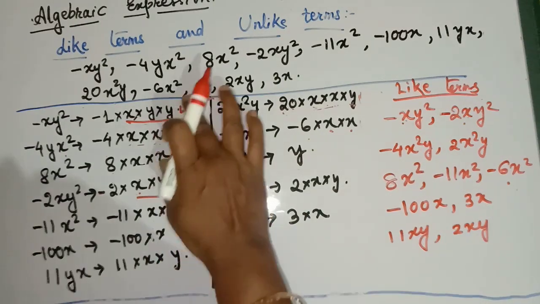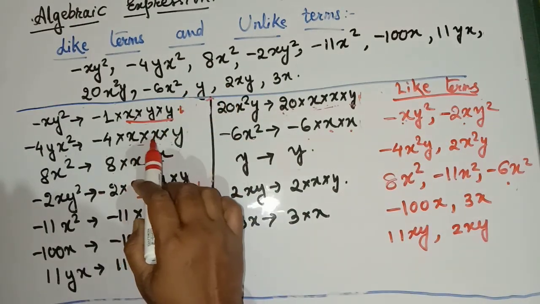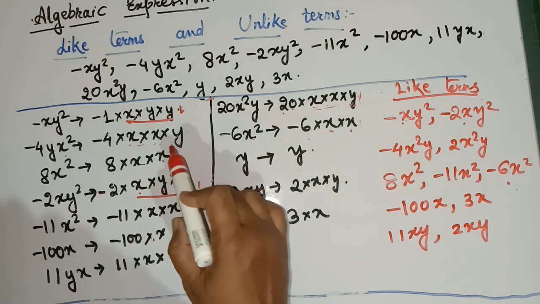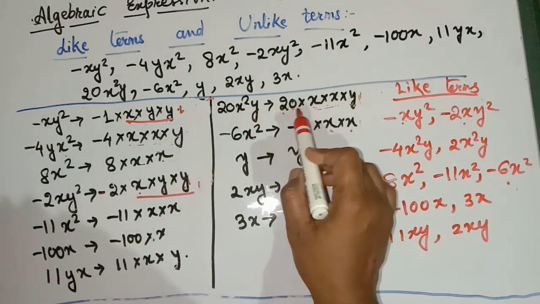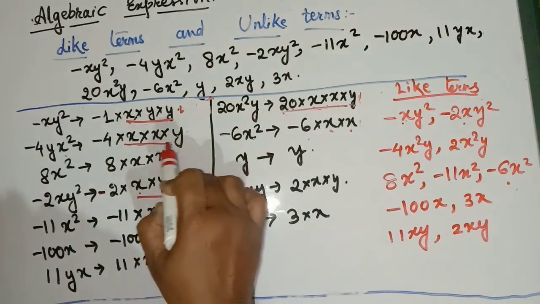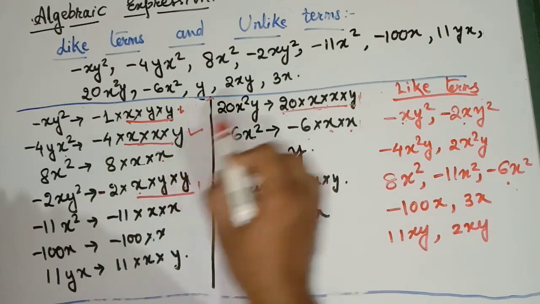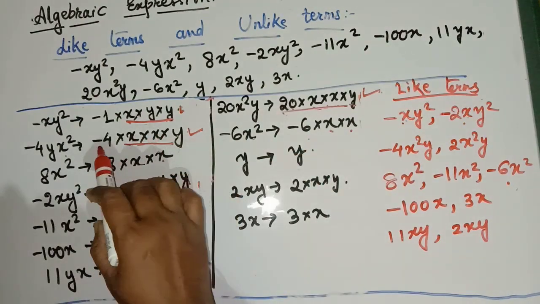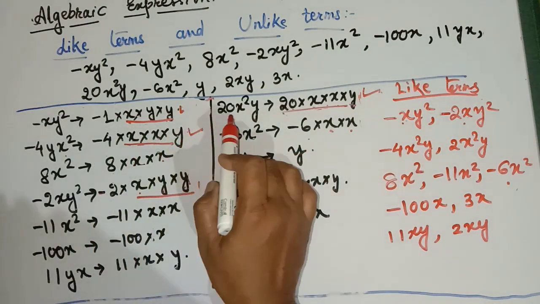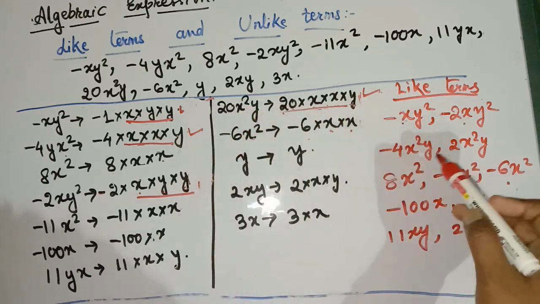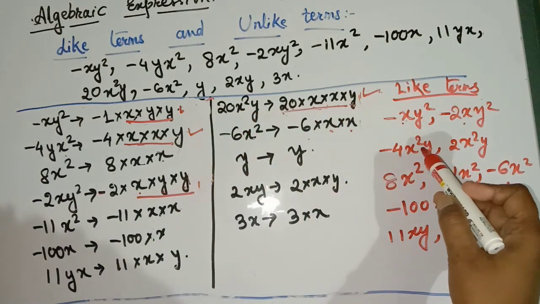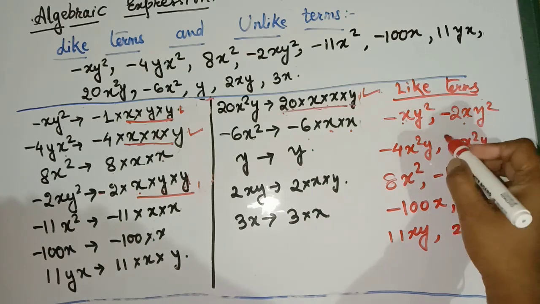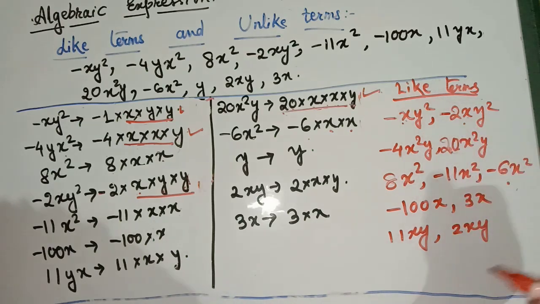Now for the second, it is x square y, x into y. You have to search where another x into y is there. Yes, these and these two are matching. So these terms are like terms: x square y, minus 4x square y, and 20x square y.